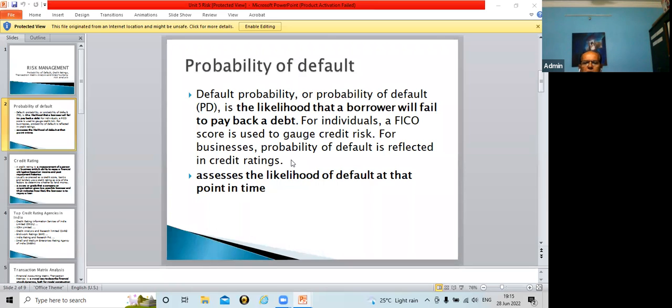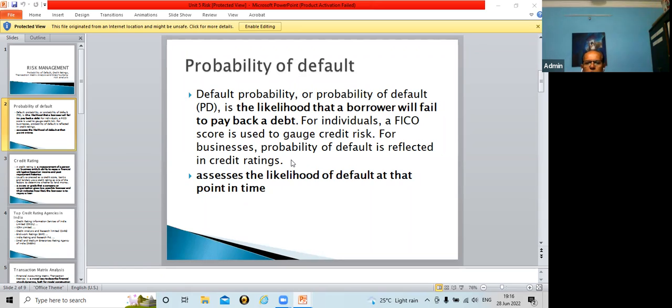But the point you need to note here is that no company or person should default in making payment. Because even if you miss one installment, that hampers your credit score.